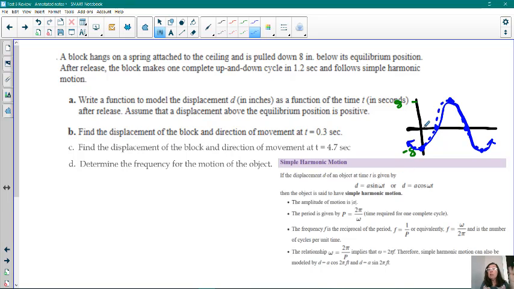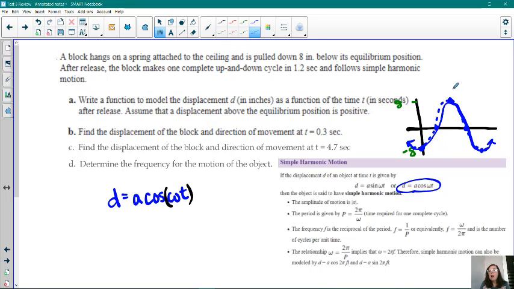Here at the beginning of our situation, we are 8 inches below equilibrium. This is a cosine situation, so that tells us this is the model that we're going to use. D is equal to A times the cosine of omega t. Hopefully you can tell what it is.